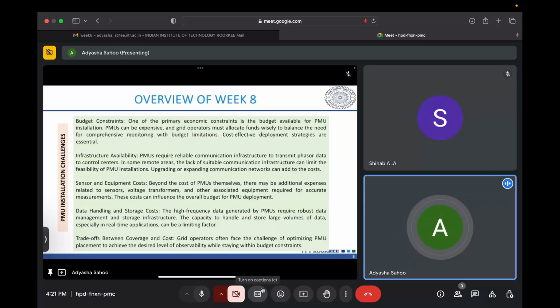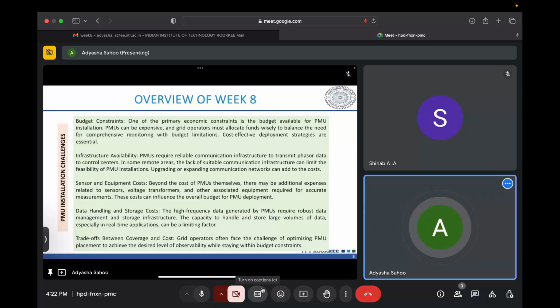Then the PMUs are able to provide us very high frequency data, and hence we require very good data management systems and a good storage system to store this high resolution data coming from the PMUs.